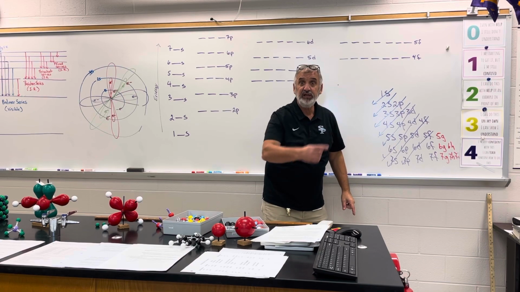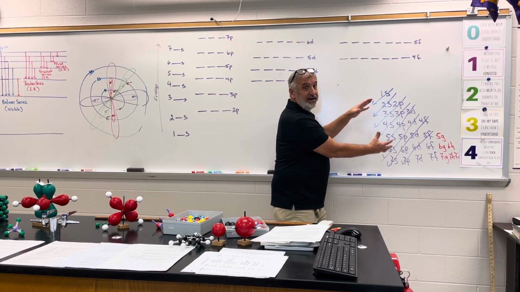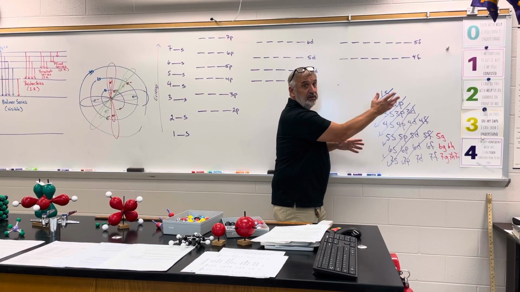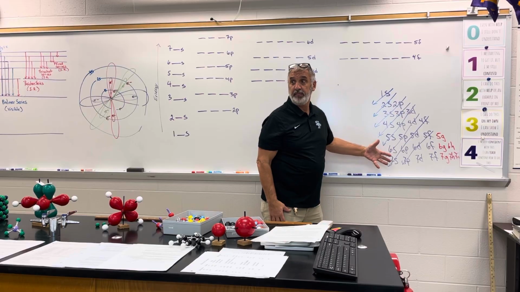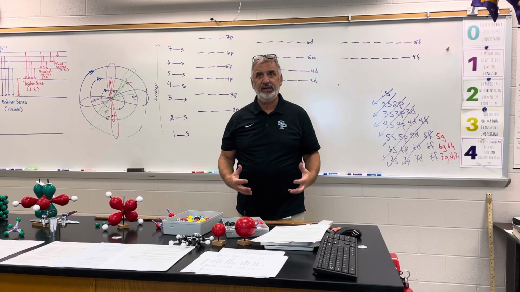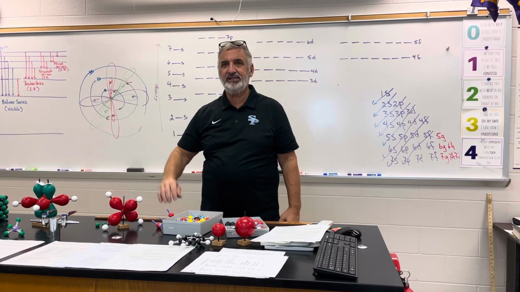That tells me the order of filling. But I really don't like having to write all that out. It takes up a lot of space. That works, and that's an okay way to do it if you want, but the best way is to use this amazing periodic table.